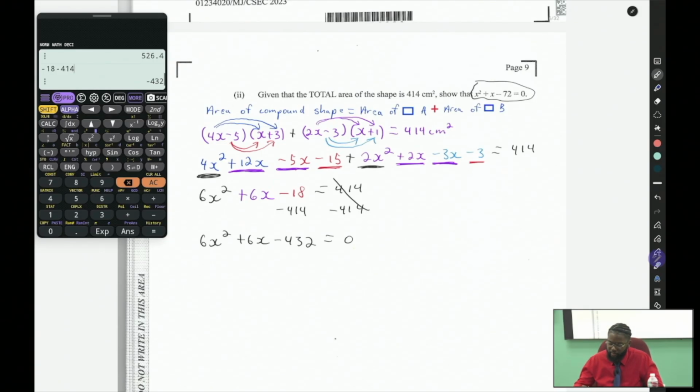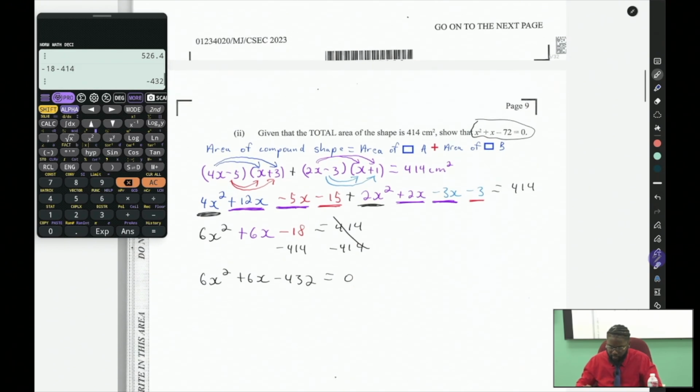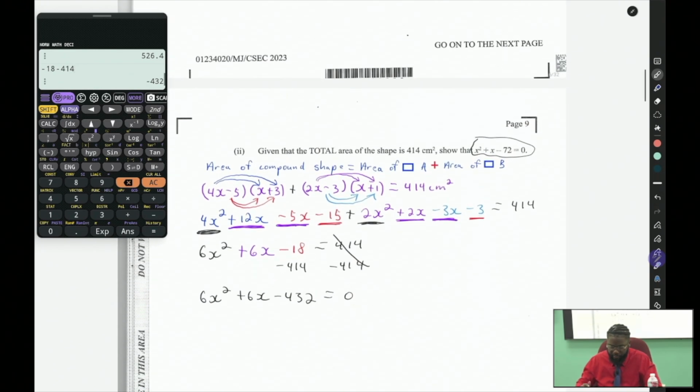Now, we're still not finished because we have not showed x squared plus x minus 72 equal to 0. So we need to look through and see whether or not we can simplify or we could divide. Looking at this, we have 6 at the front. We have 6 here, 6 here. So let us check if we could actually divide 432 by 6.